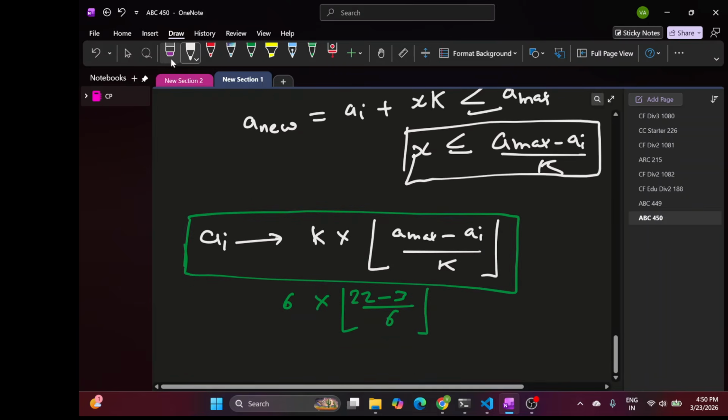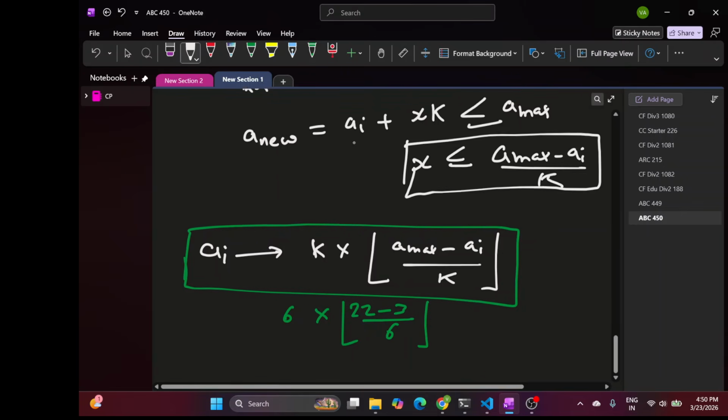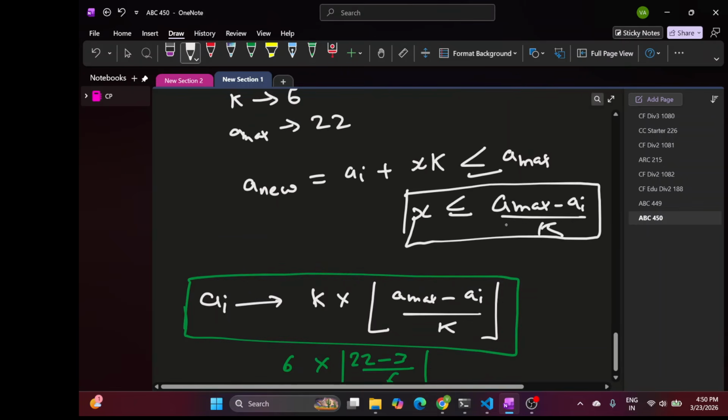Right. So yeah, let's try this now. And now, yeah, this is the value of x. So Ai is basically Ai plus this, right? And Ai is 3.